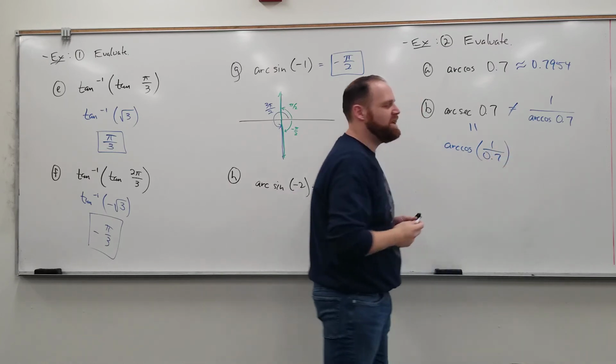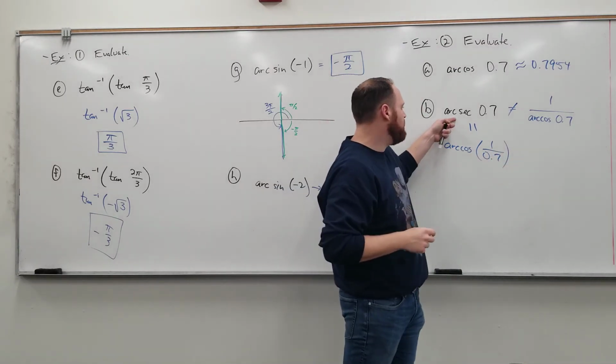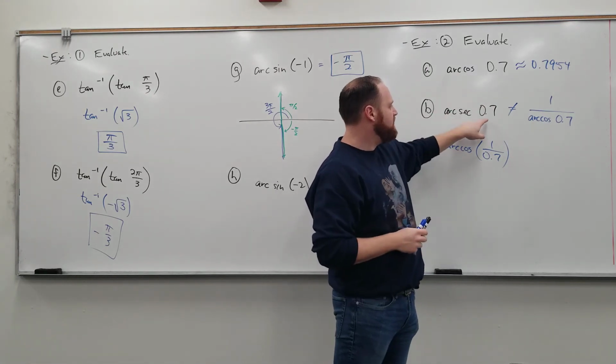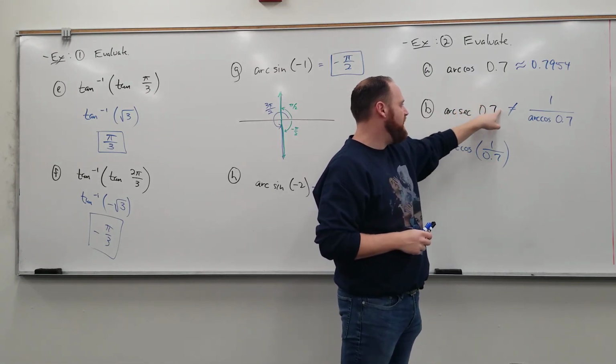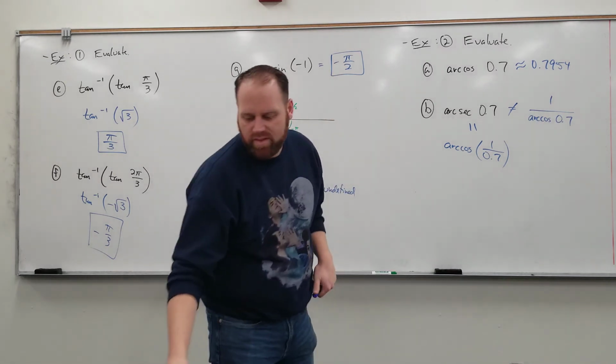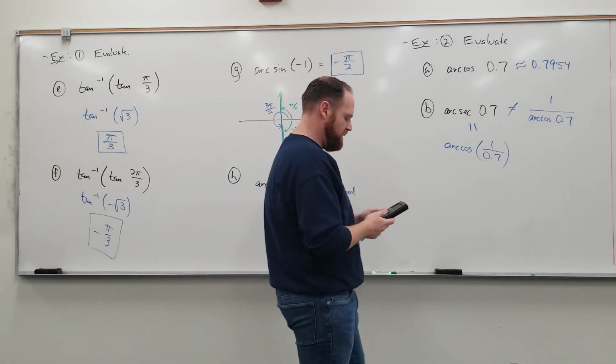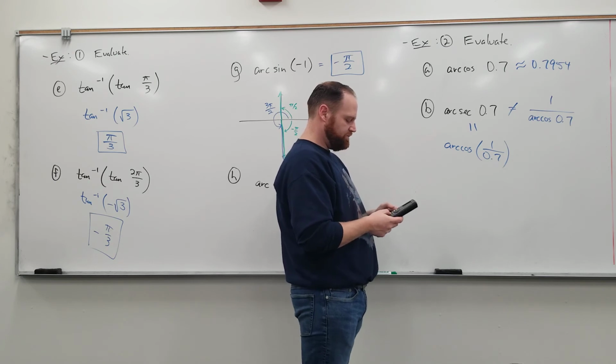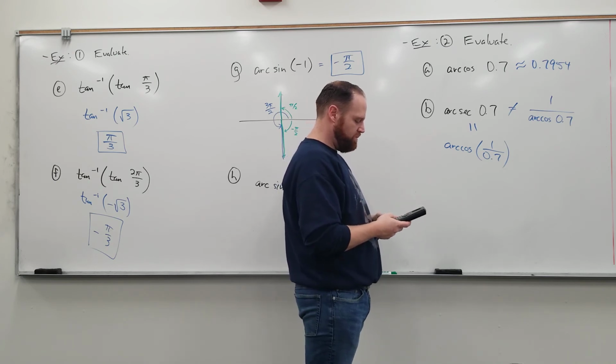So just be careful that you're not taking the reciprocal of the entire thing. You just take the reciprocal of that number right there. We've talked about this in the past. Cosine inverse of 1 over 0.7.